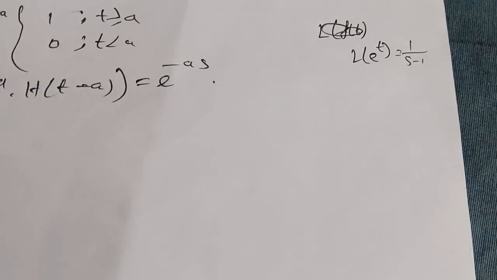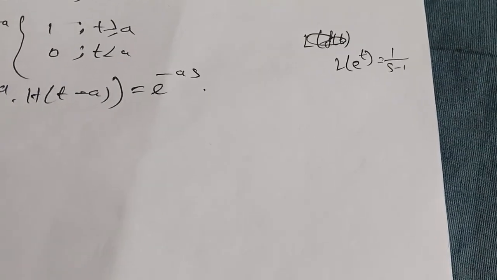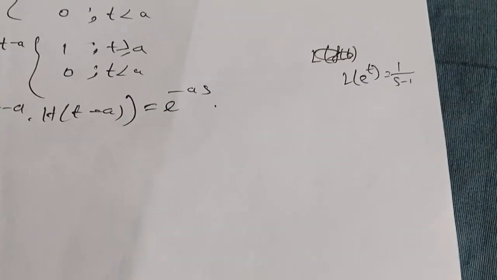You may ask how the Laplace of e to the power t is 1 by s minus 1. In the first lecture we taught the formula that the Laplace of e to the power a t is equal to 1 by s minus a. If we put a equal to 1, it will be 1 by s minus 1. So that's also a pretty easy one.